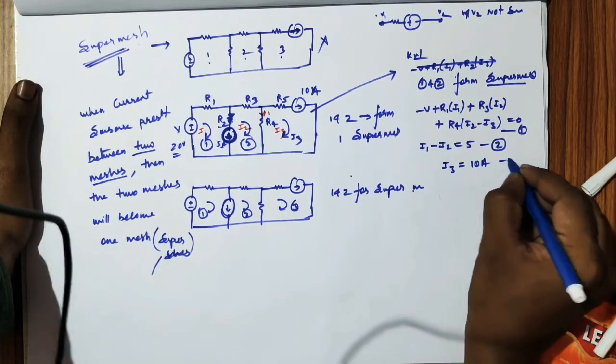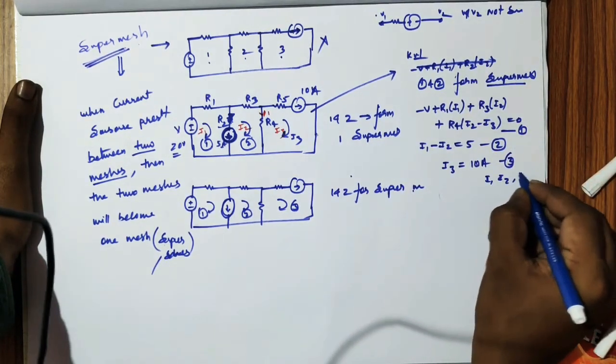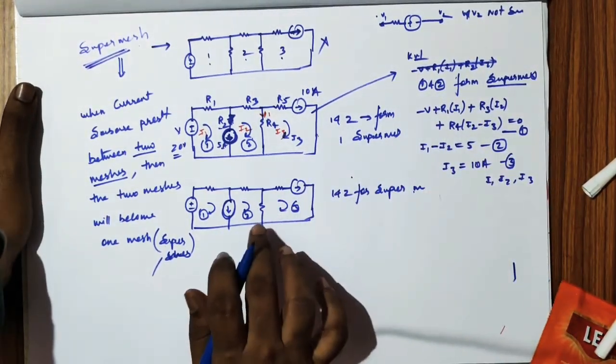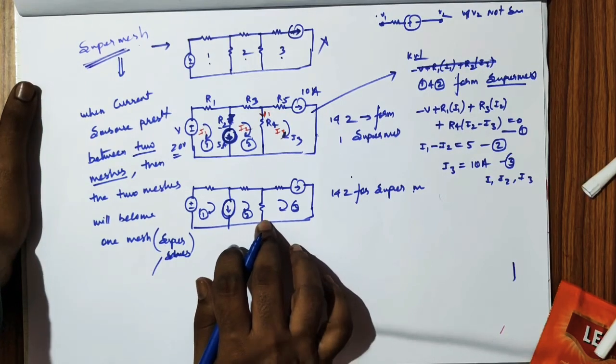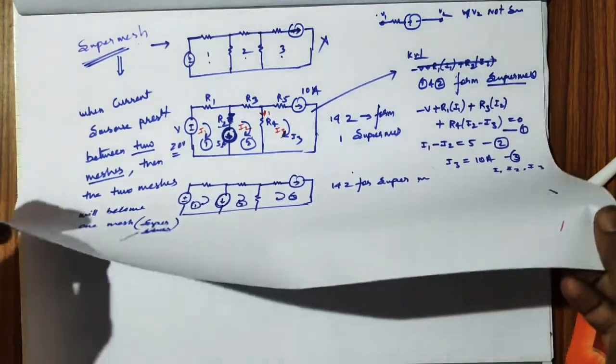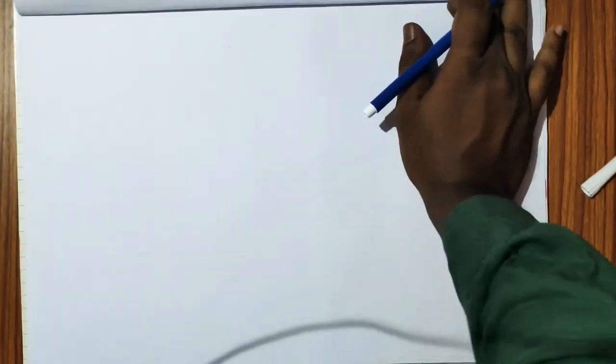So you get 3 equations, and from them you get I1, I2, I3. Similar to these equations, you will follow the same for the other circuit. Okay, now we'll solve a dependent source sum next. I want to give a quick review.